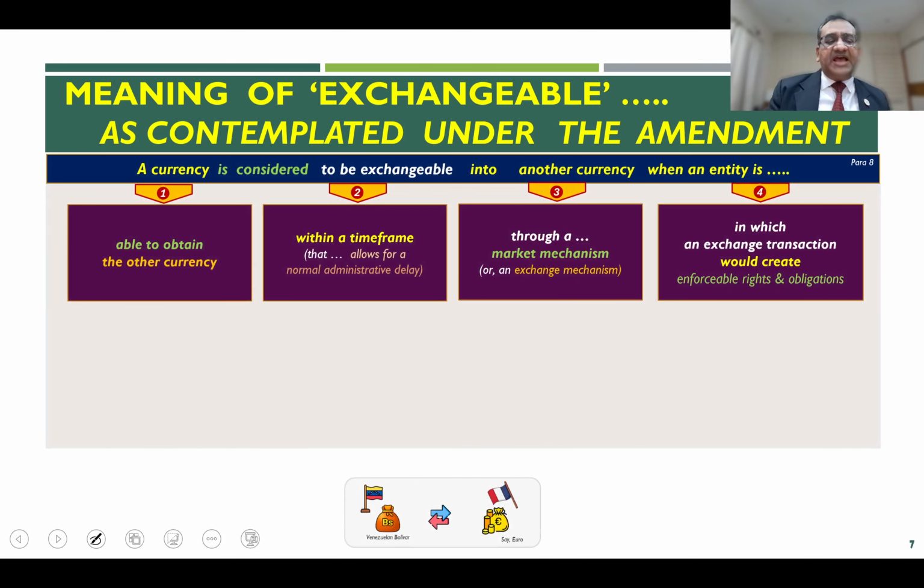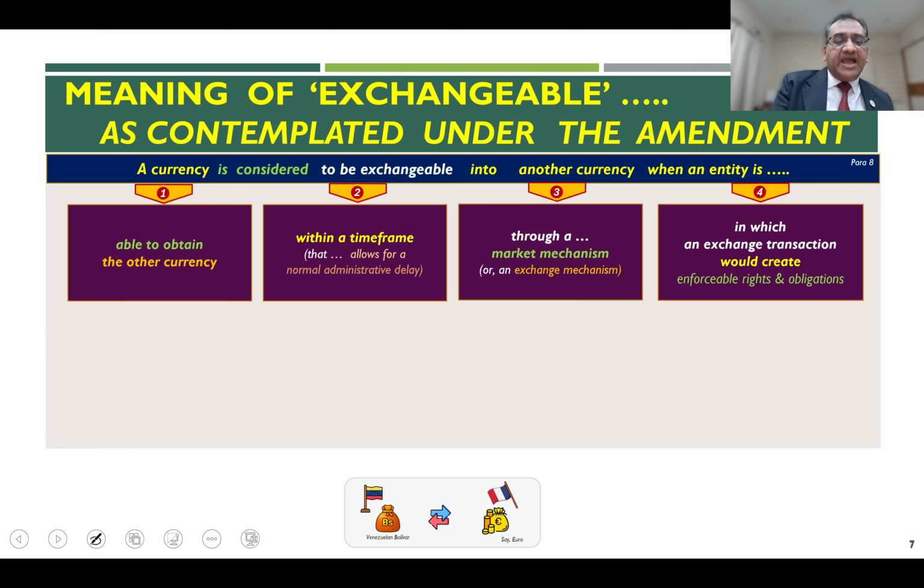If you look at the amended paragraph 8 of the standard, there are 4 subparts to the evaluation criteria of what is exchangeable.